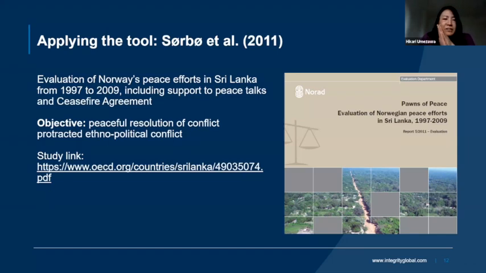This is an evaluation on Norway's peace efforts in Sri Lanka from 1997 to 2009, when the country was experiencing protracted conflicts. This study evaluates various supports provided by Norway during this period, but the main objective was peaceful resolution of the conflict through peace talks and ceasefire agreement.